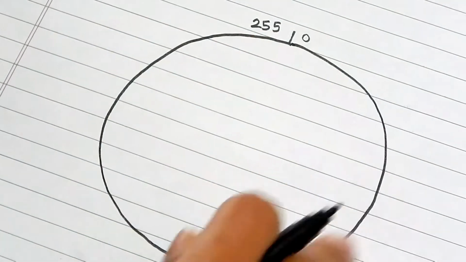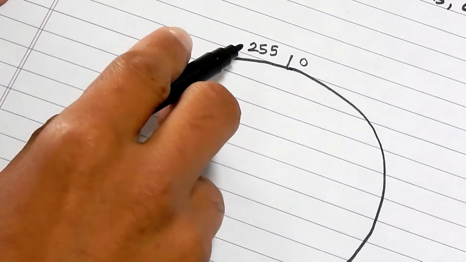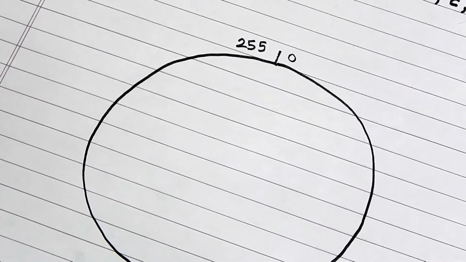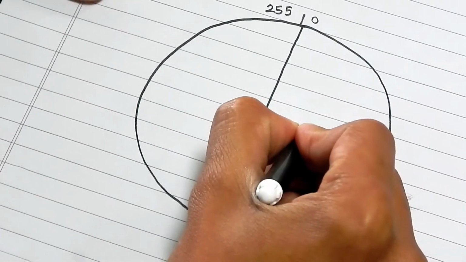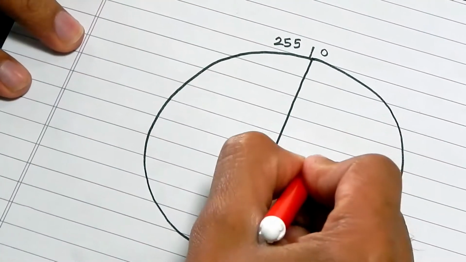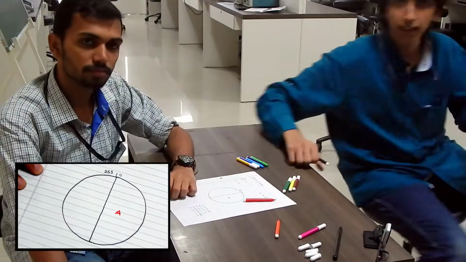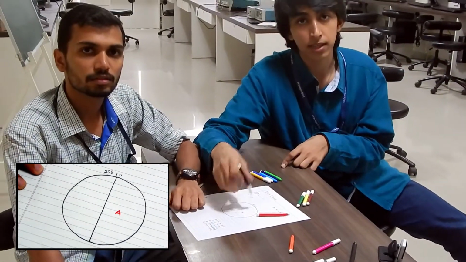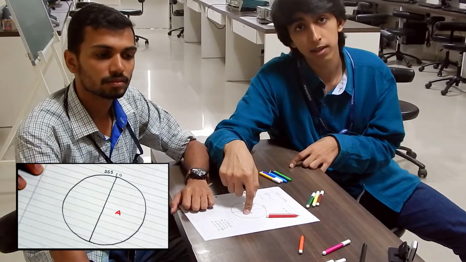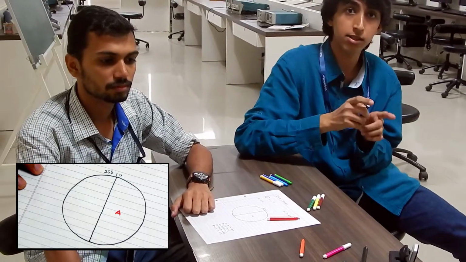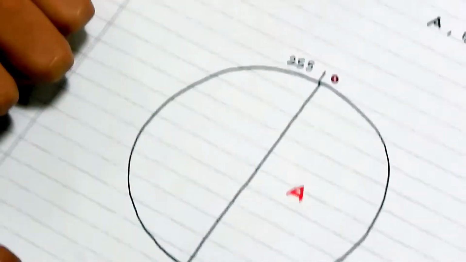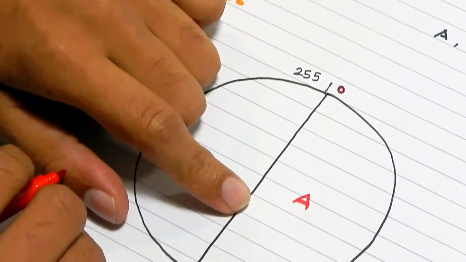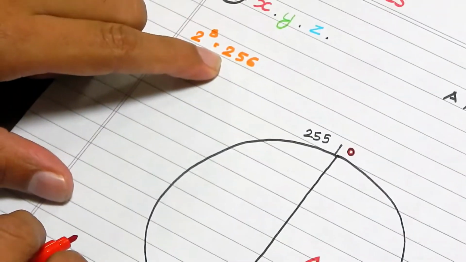Imagine one circle which starts from 0 and ends at 255. We will divide this circle into 2 parts. This will become class A. As you've seen, we divided the entire space into 2 equal parts, and one entire part is called class A. This means that half of all the addresses in the world fall under class A. Now we have half of the circle for class A, and we have the total 256 values.